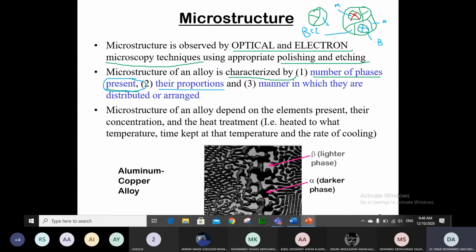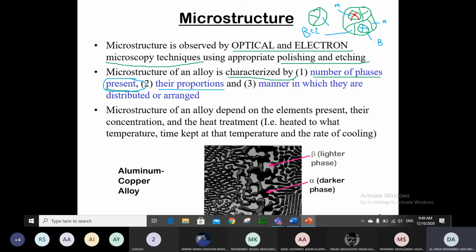Well, it has a certain composition. If we increase the composition of that solute that we are adding, would it change the mechanical properties of it? Definitely, it's going to do that. The addition of more carbon in it, if there is no change in the crystal structure, would it change the property? Of course, it's going to change.